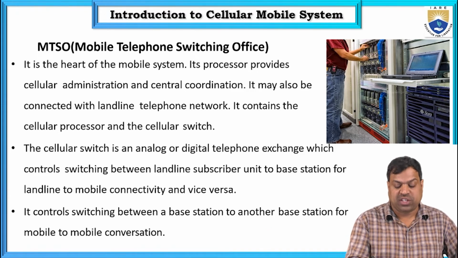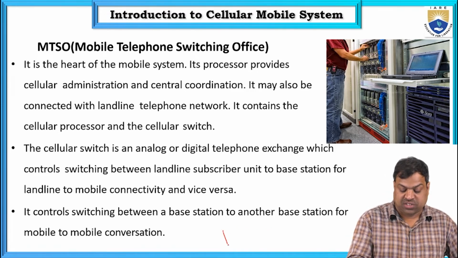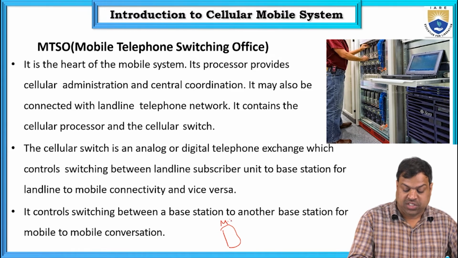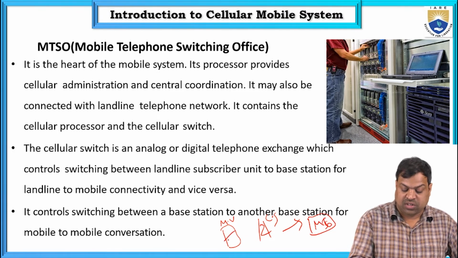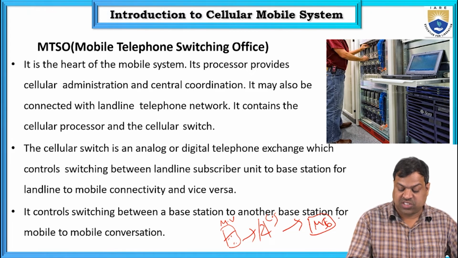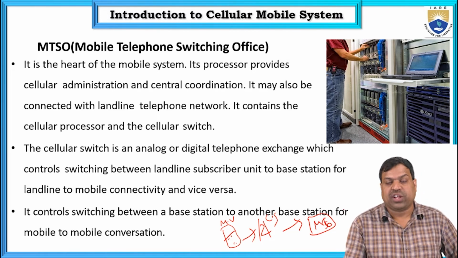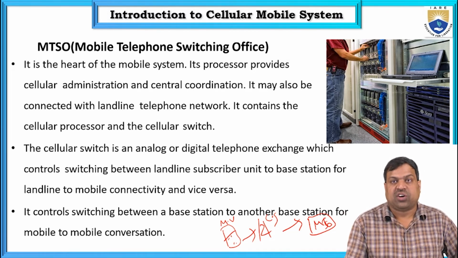First stage is the mobile unit, and after that it goes from the cell site to the MTSO. So what is the working of the MTSO? It is the heart of the mobile system, and it provides cellular administration and central coordination.